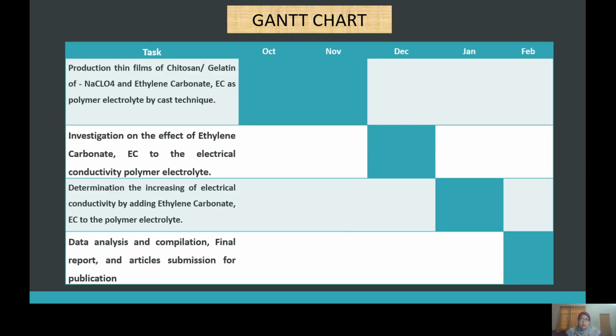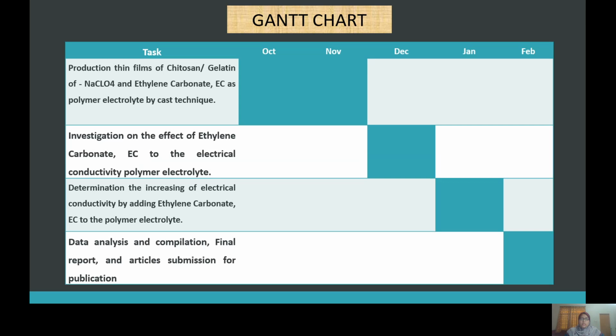This is my Gantt chart. October to November, the production of thin film of chitosan and gelatin with NaClO4 and ethylene carbonate EC as the polymer electrolyte by cast technique. In December, the investigation of the effect of ethylene carbonate EC on the electrical conductivity of the polymer electrolyte.